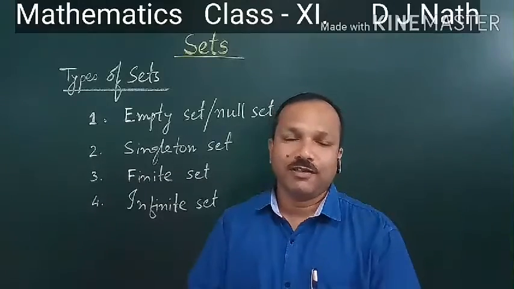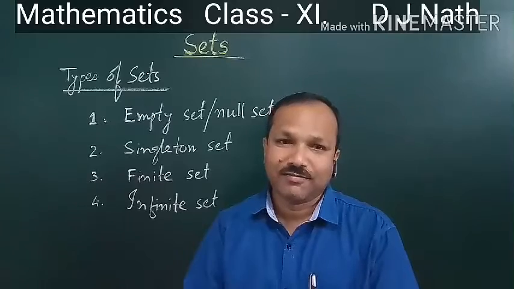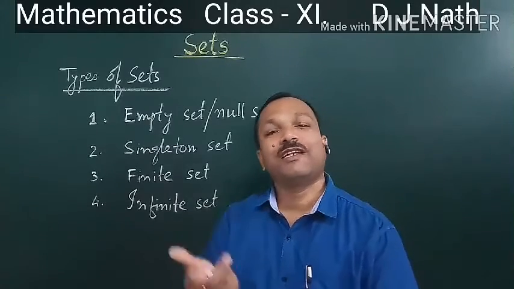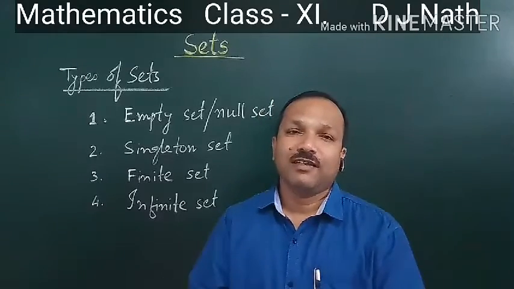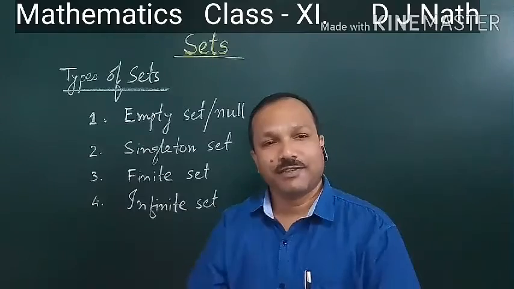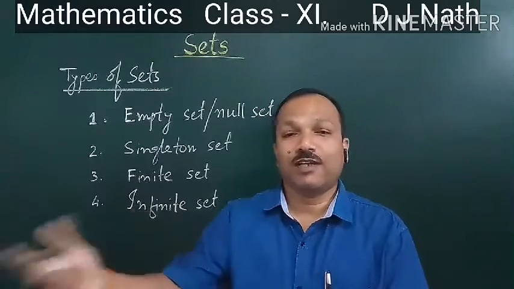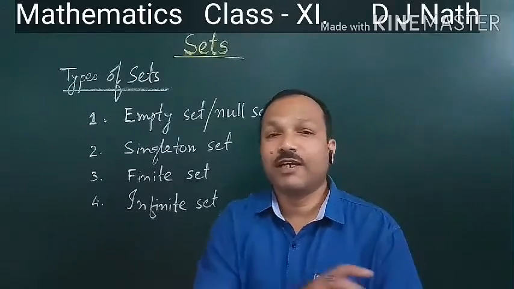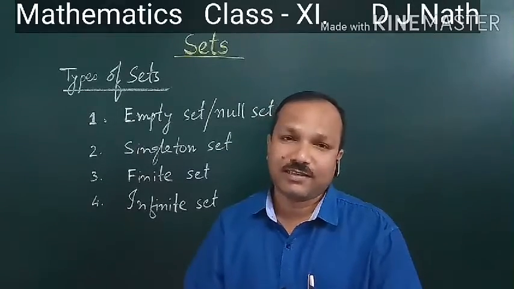We cannot define the beautifulness of a person, so it cannot be a set. If I say the most difficult problem in mathematics, for some students it may be difficult, for others easy. We cannot judge that kind of thing, so those are not sets.